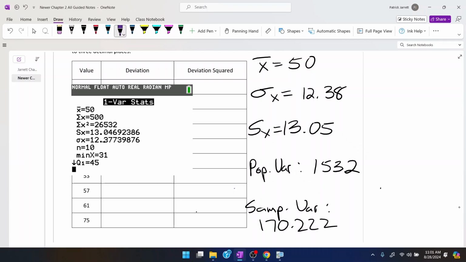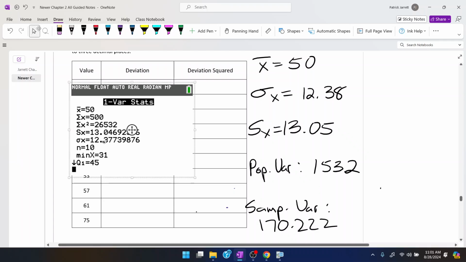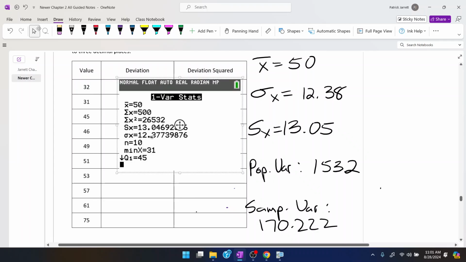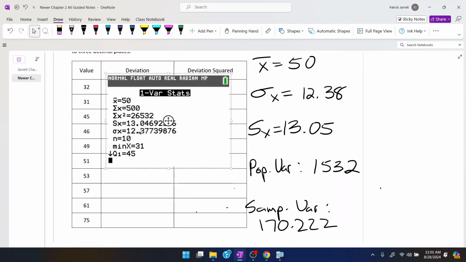So basically the way I would have you doing variance in the past would be do this whole thing where you square the deviations and all that good stuff. But I think we can just not really concern ourselves with that. Instead, let's just worry about calculating it using the calculator.